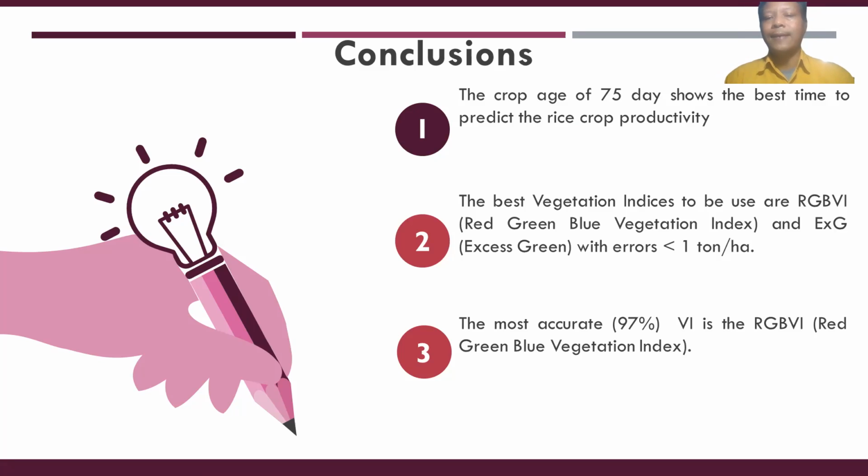So these 2 indices are the best to predict the rice productivity with errors less than 1 ton per hectare. And the most accurate vegetation index to be used is the RGVI, or red, green, blue vegetation index. This is the index that can predict the rice productivity very well at the age of 75 days.